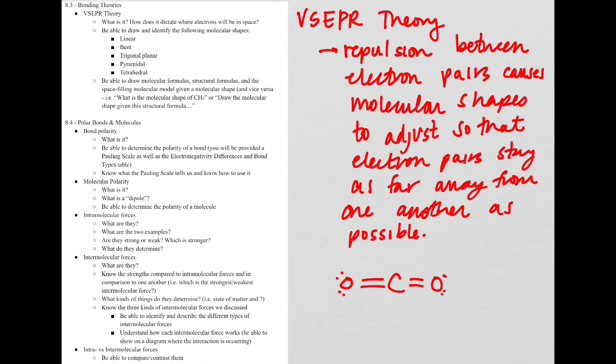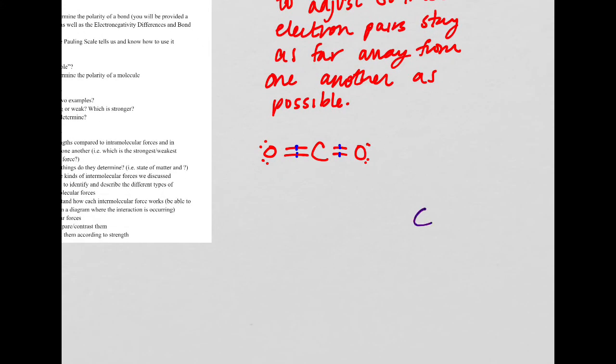Well, in each of these bonds, we have 2 electrons, right? So in the 2 bonds, they're pretty close to each other, right? But there's no other way we can have them. So what we have is this group of electrons wanting to push away from this group of electrons as much as possible.